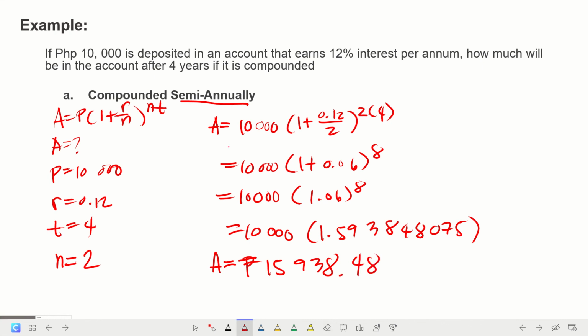So, the amount, if your deposited amount is compounded semi-annually with a rate of 12% per annum, then after 4 years, the value would be equal to 15,938.48 pesos. So, write your final answer again in sentence form.